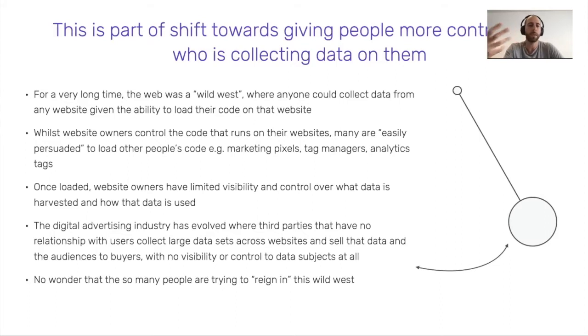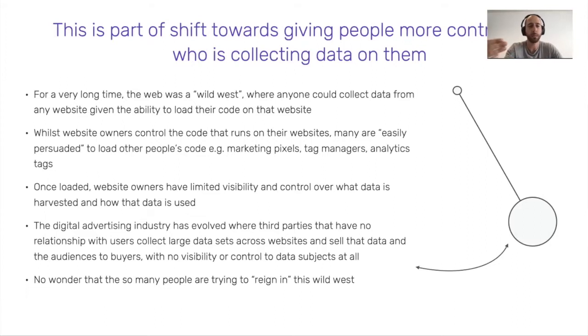And one of the difficulties when you're adding these tracking snippets to your website is that, as a site owner, you don't necessarily have a huge amount of visibility and control into what data the owners of those tracking pixels and tags are collecting, and what's happening to that data once it's been collected.